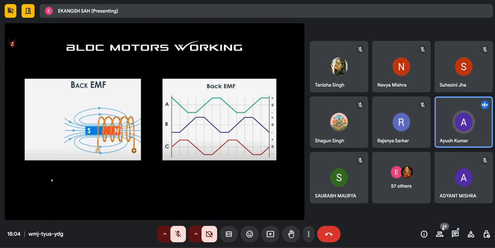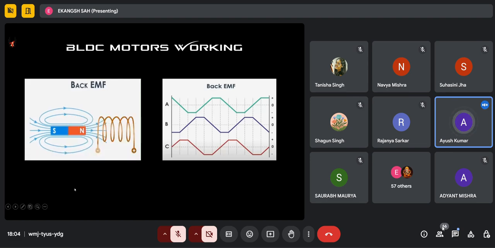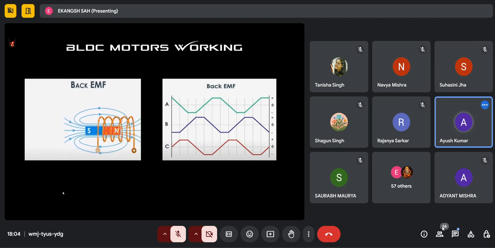When the current is induced, a voltage drop occurs in that motor winding, and this drop in voltage is taken by the microcontroller, which predicts the position of the rotor. It is used in the technique where the Hall effect sensor is not used. So it's the sensorless technology to predict the position of the rotor. Next slide.